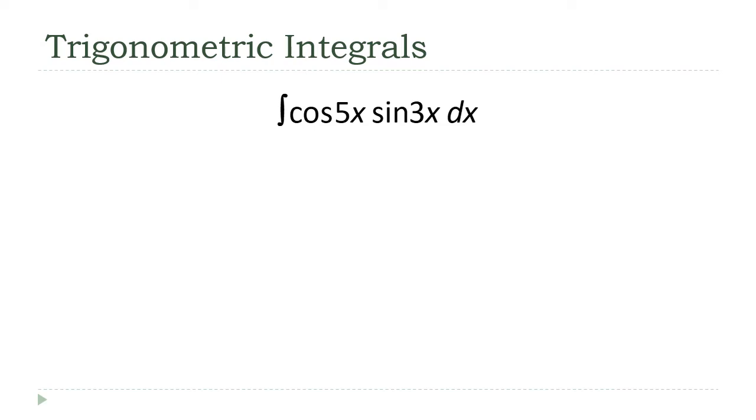So I'm going to put the 1/2 out in front. 1/2 integral sine of (5 minus 3)x plus the sine of (5 plus 3)x dx. All right, so let's just do the arithmetic.